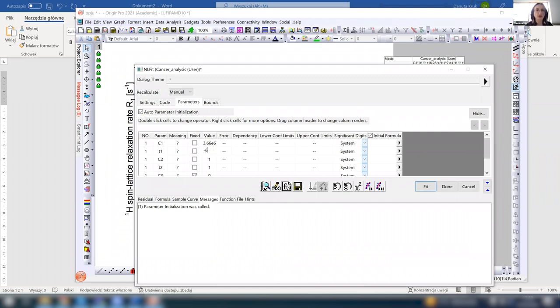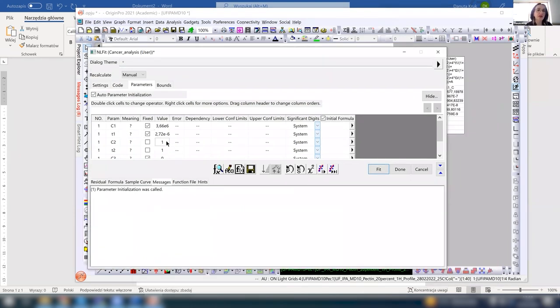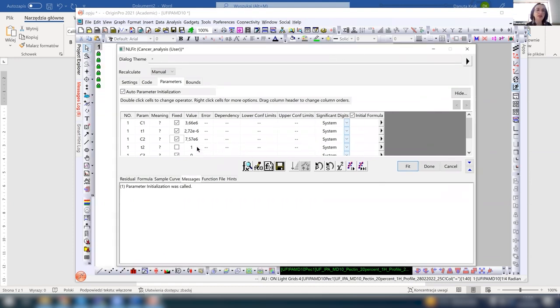Then I have 757, 757 is 6. I'm copying just those values, and I have 538 minus 7.